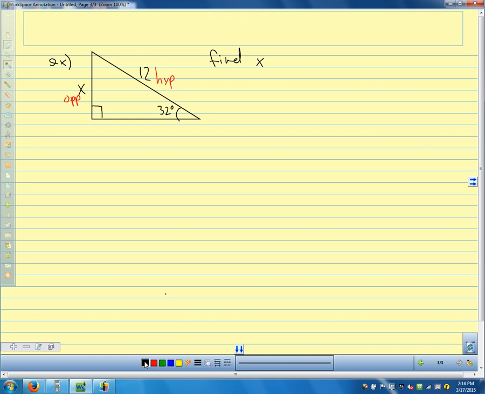Sine. So we're going to use sine because we have the opposite and the hypotenuse. We look at SOHCAHTOA, it says the sine of the angle is the opposite over the hypotenuse. So we write our equation. Sine of 32 degrees equals the opposite over the hypotenuse, x over 12.